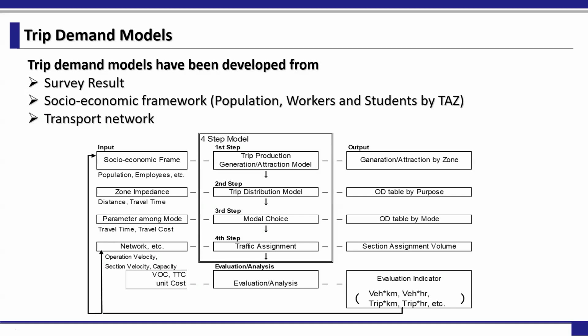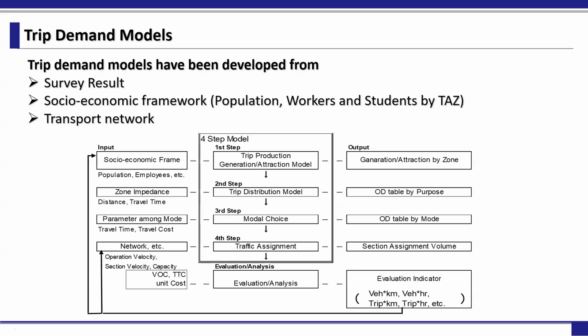In this one, the current figures and the future figures are needed for demand forecasting. The third one is the transport network. This one I have also shared with you in several previous sessions.